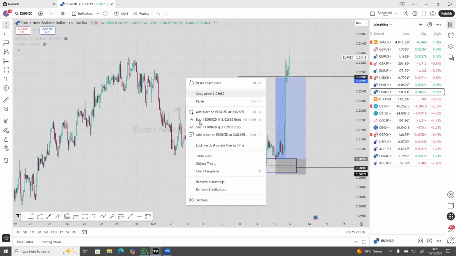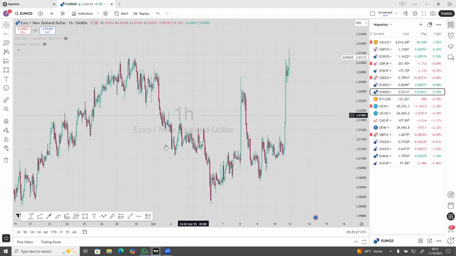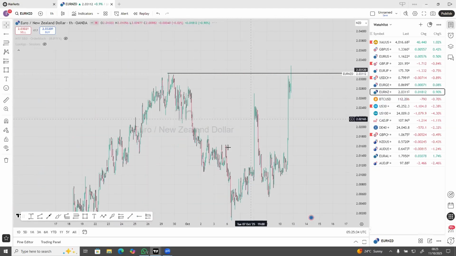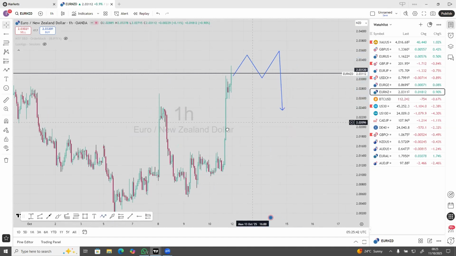So next on Euro NZD, what is next? We have sweep of that buy side liquidity. After sweep of that buy side liquidity, what you're supposed to wait is what, 1 hour market shift, and then we'll find short position.